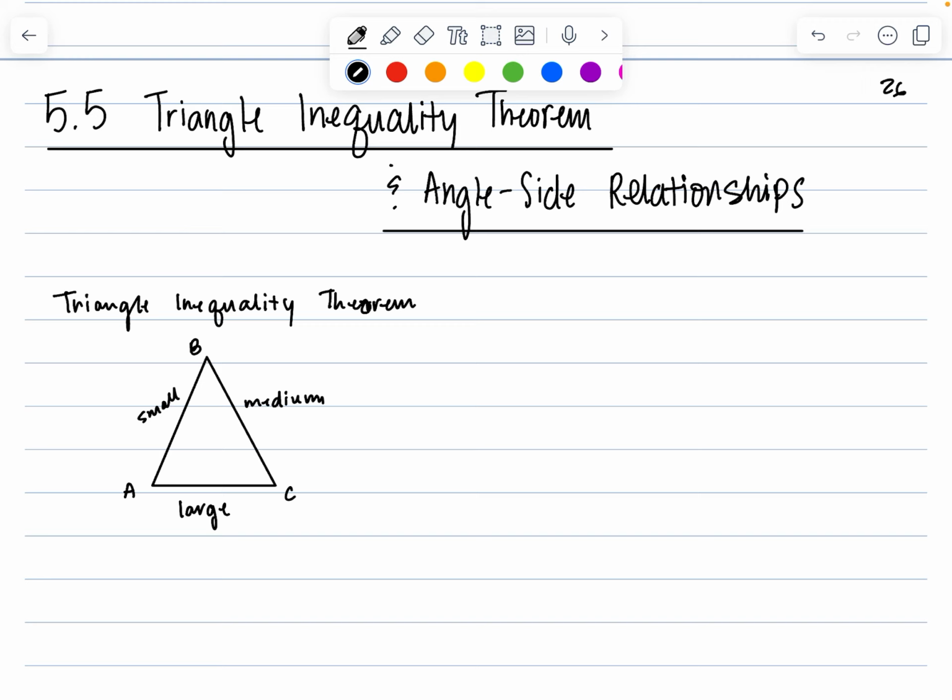The triangle inequality theorem states that the small side plus the medium side always has to be greater than the largest side, no matter what. This is very, very important. If not, then the triangle is not a triangle.